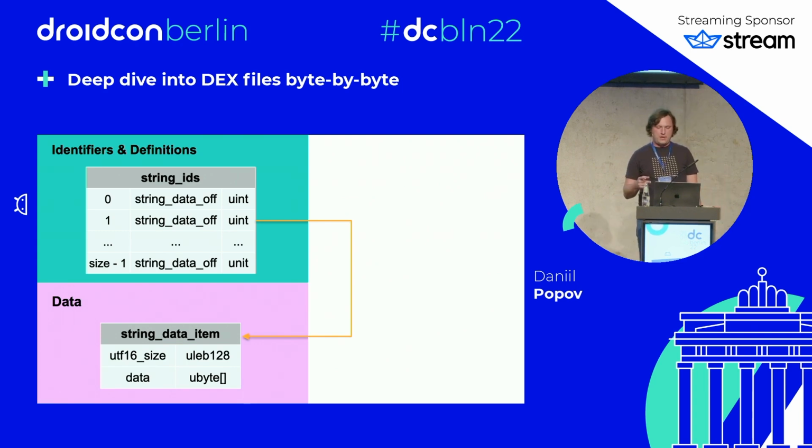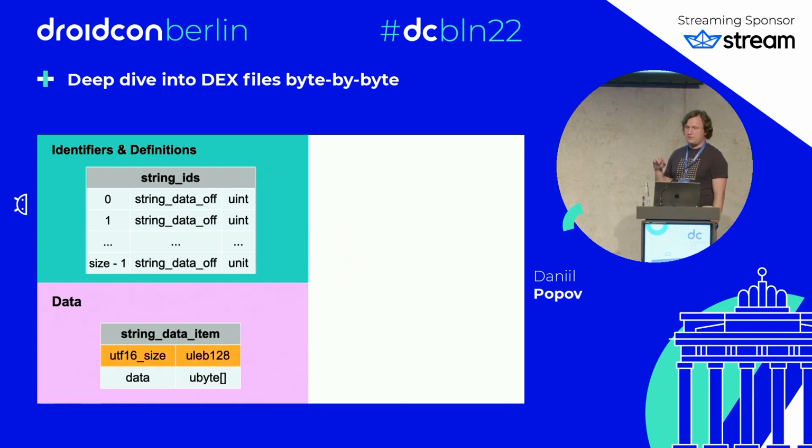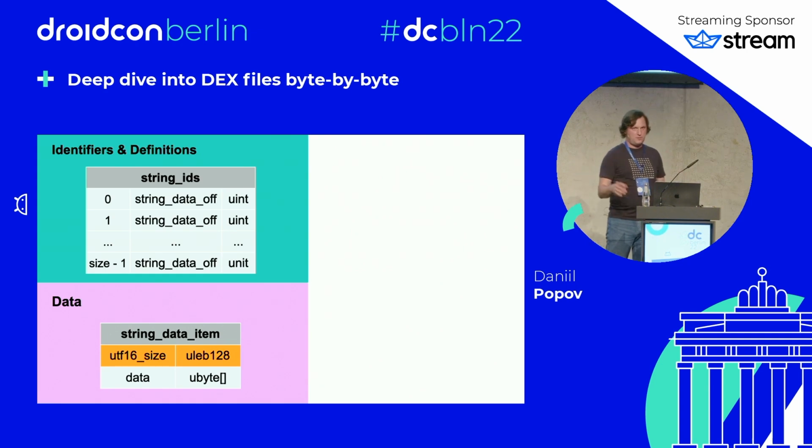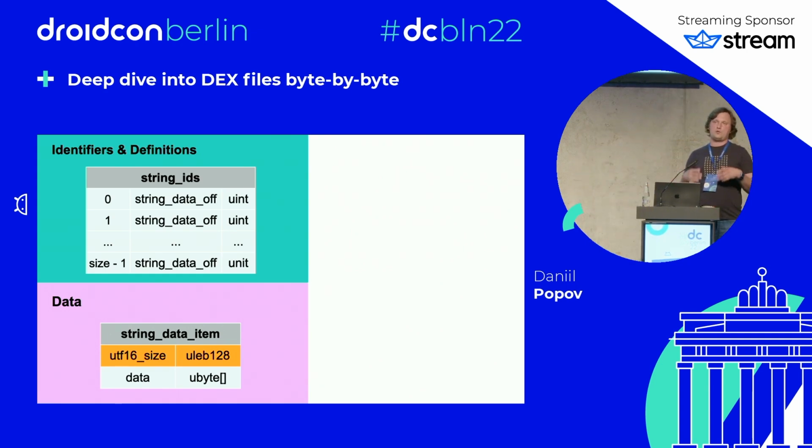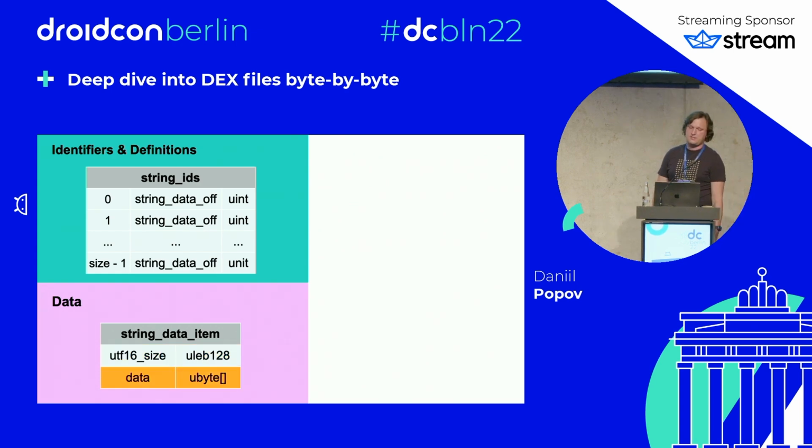So let's have a brief look at this string data item structure. It has the size in characters, not in bytes, but in characters. This value we also get when we call string.length. And here we have the data itself.